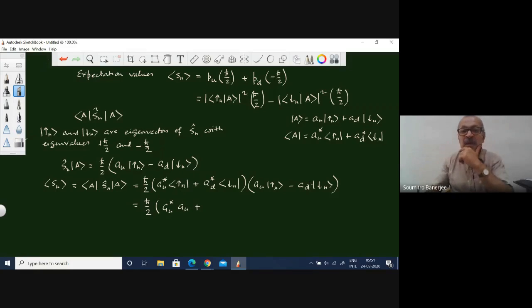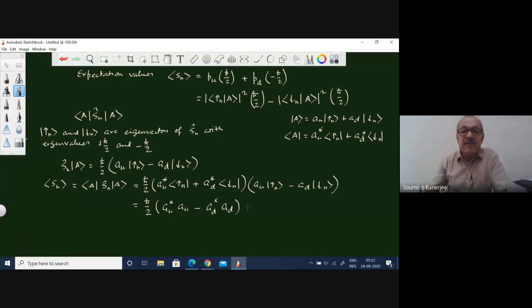Up and down will cancel off because their bracket gives 0. Down up, their bracket gives 0. Down down, their bracket gives 1. So it will be minus A down star A down.